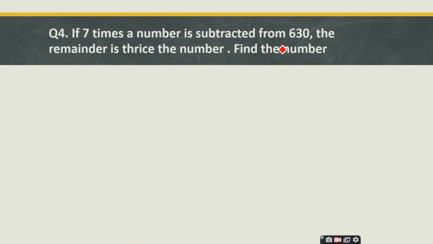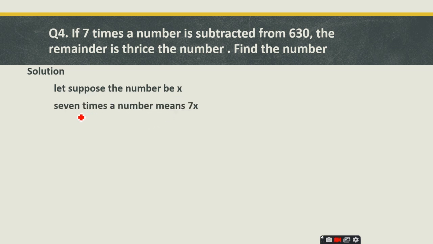Now the next question, question number 4. If 7 times a number is subtracted from 630, the remainder is thrice the number. Find the number. Let's suppose the number be x. Now 7 times a number means 7x.